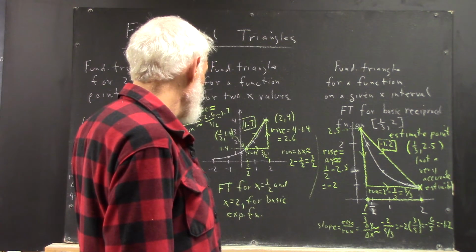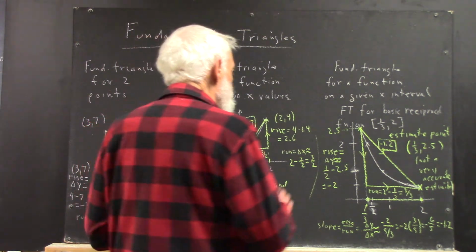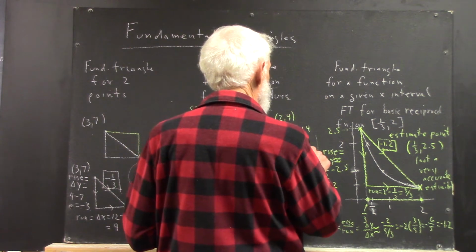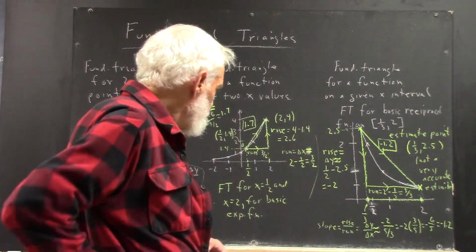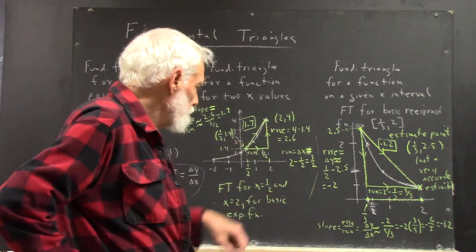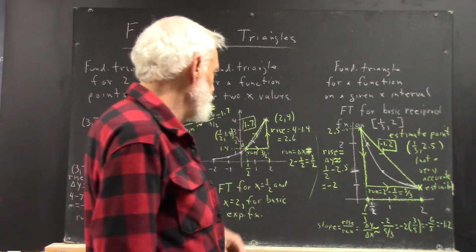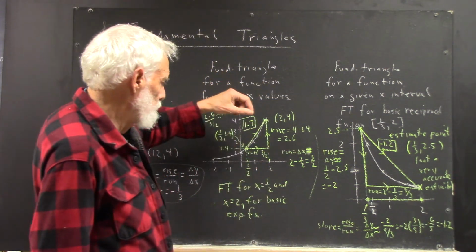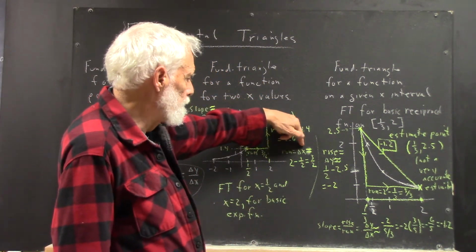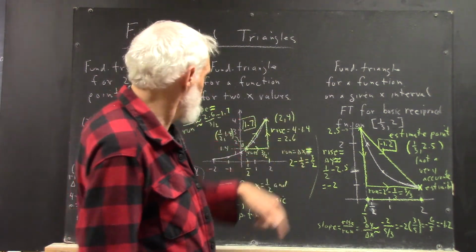Well, it isn't approximate, it's exact. That should be an equal sign. That error is going to be fixed in the more detailed video, which should be done a little more carefully. Anyhow, the run is delta x, that equals 3/2.